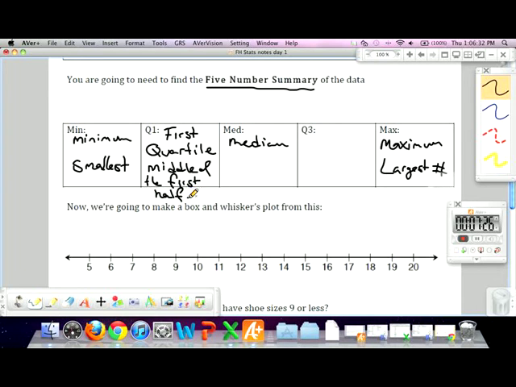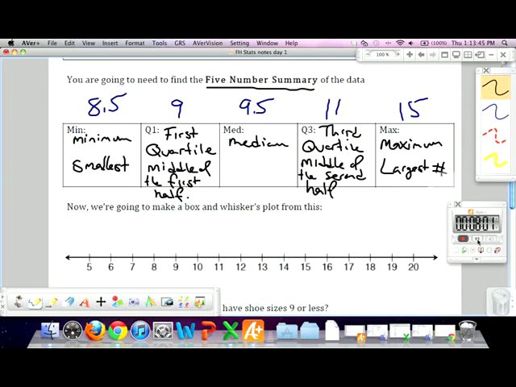Q3 is the third quartile. It's also the middle of the second half of the data. And that's first 25, first 50, first 75%, first 100% of the data. Absolutely.